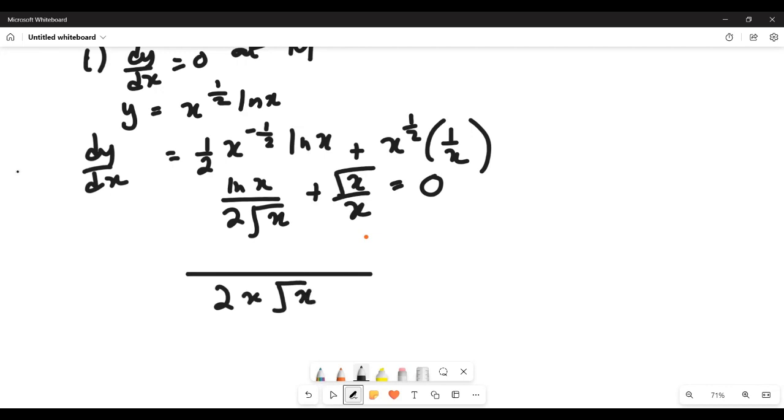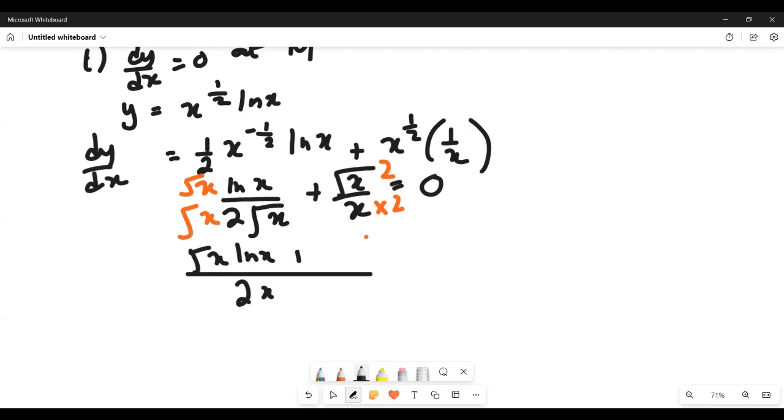What we can do is multiply square root of x with this fraction and multiply 2 here. Then we get 2x in the denominator, and in the numerator we get square root of x ln x plus 2 square root of x equals 0.